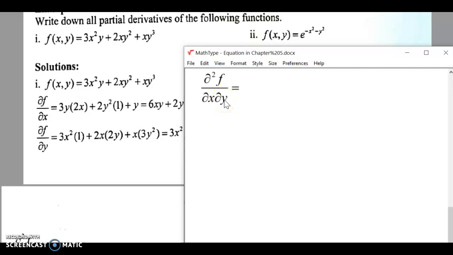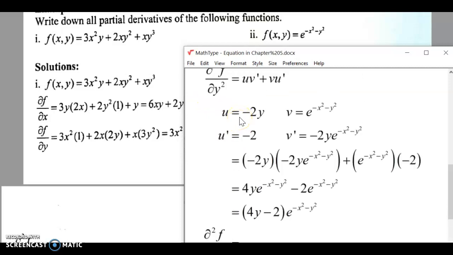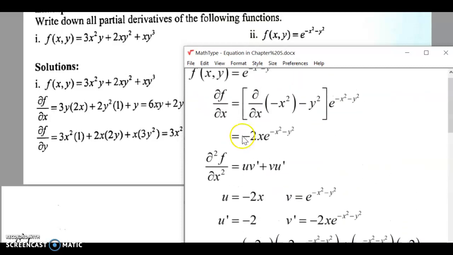So basically, what it means here is that the first derivative is on x, which is this one. We should get this on the first derivative. And secondly, the derivative is conducted on y.